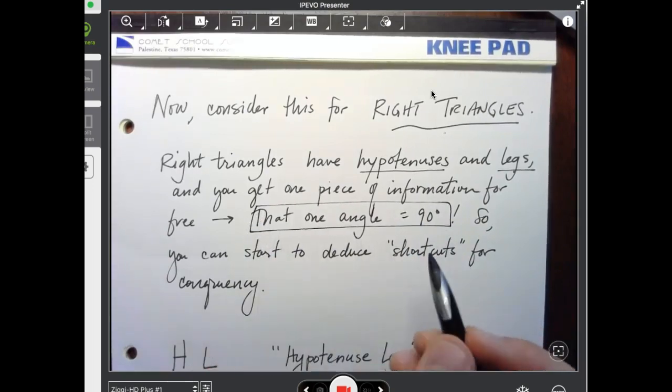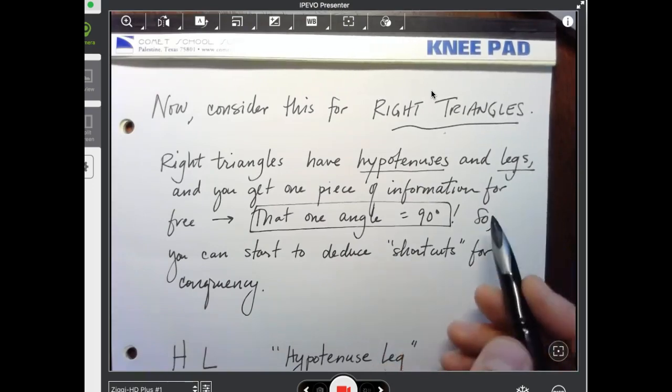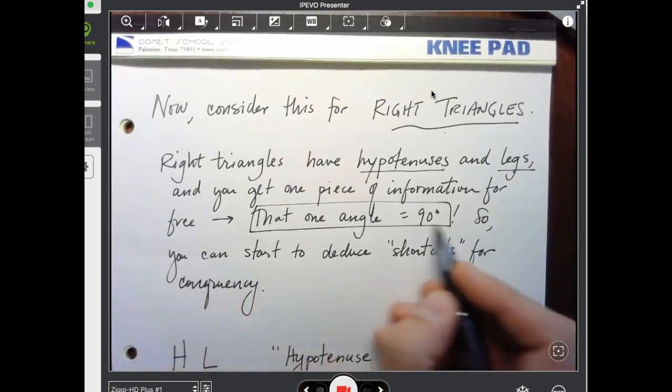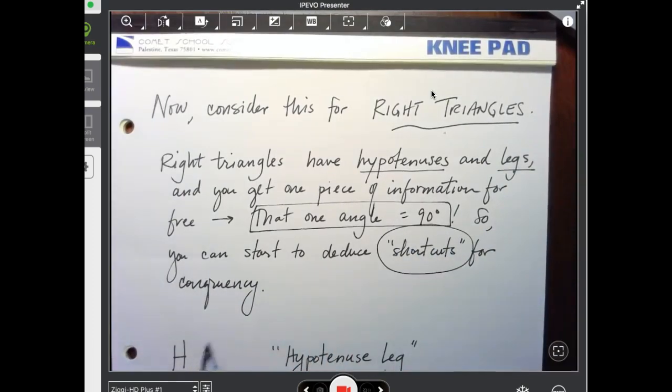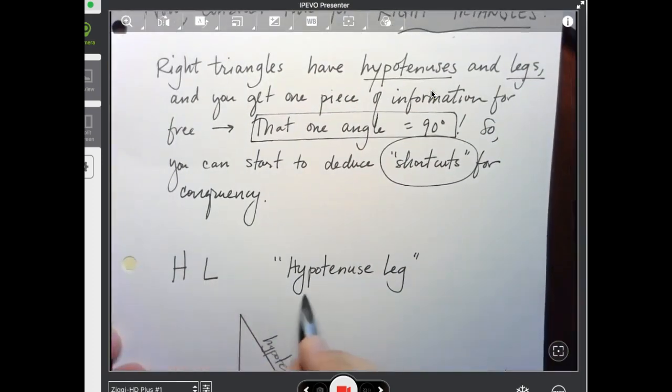Okay, and another thing with right triangles, you have the Pythagorean theorem. So if you know two sides, then you automatically know the third side. And that's unique to right triangles. So you can start to deduce what I like to call a shortcut for congruency. And that shortcut is HL, hypotenuse, leg.